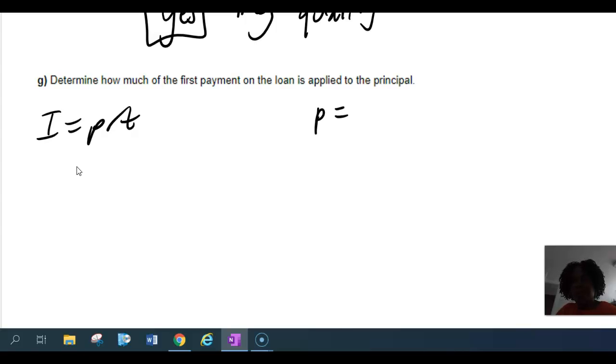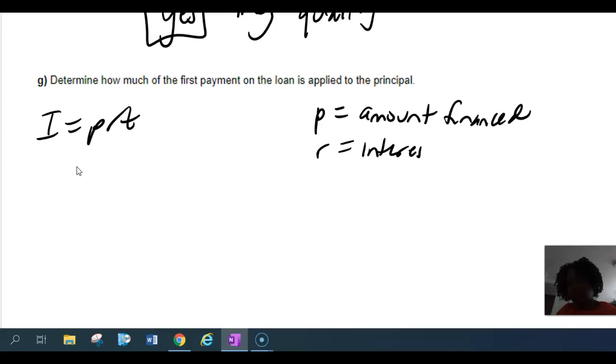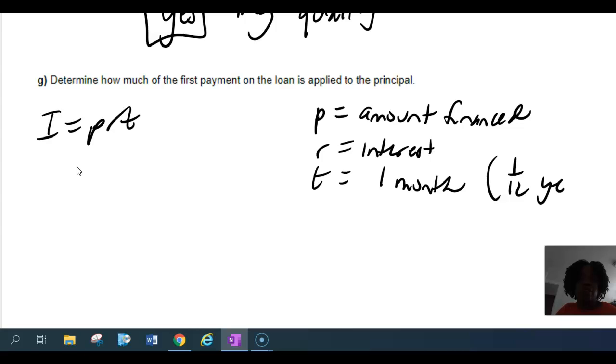And the P is going to be the amount financed. The interest rate is going to be, of course, the interest rate that's given. This time, the time is actually 1 month. So 1 month is 1/12 of a year.